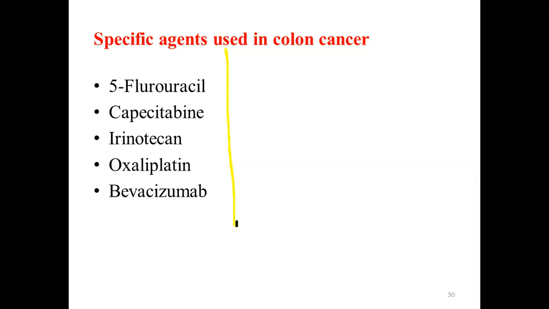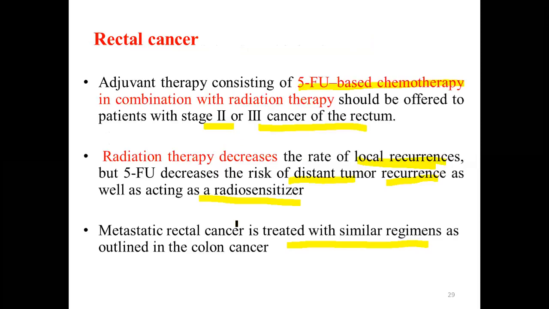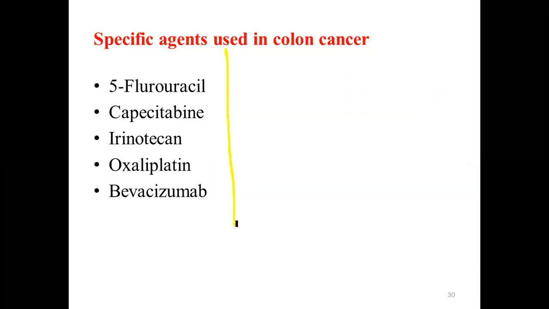By preventing new blood vessel formation, it prevents colorectal cancer progression. Yes, the mechanism of action is what we saw at the beginning when we were discussing the principles of cancer chemotherapy. It is one of the monoclonal antibodies that can be considered in the treatment. Okay, sir, thank you. Any other question?